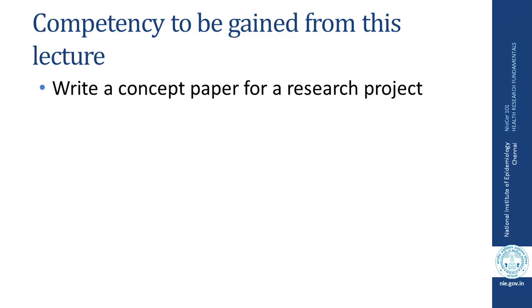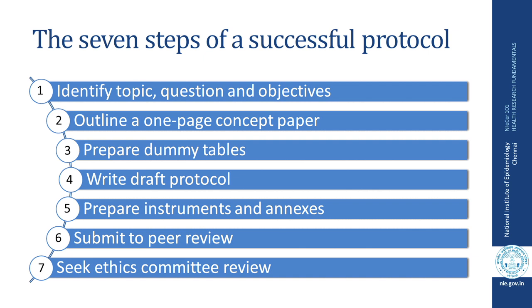At the end of this session, you will be in a position to write a concept paper for a research project. Now, let us revisit the 7 steps of a successful protocol. These are logical, sequential and essential steps.